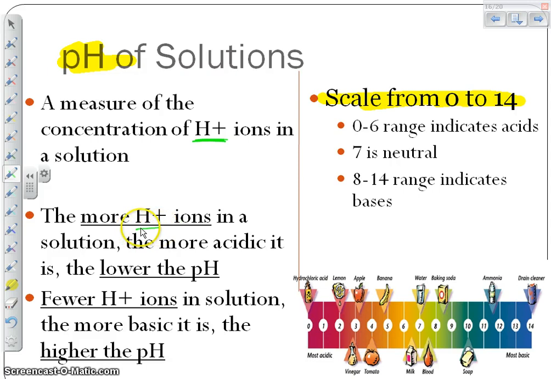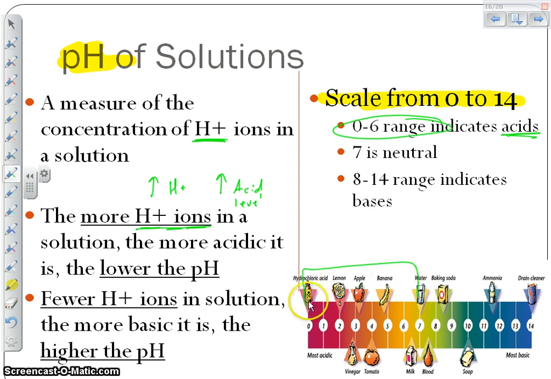The more H plus ions you have, the more acidic something is, because as we increase H plus, we are increasing the acid level. And as we do that, we are basically lowering the pH, because as you're going to notice over here, the 0 to 6 range happens to be acids. So this portion right here are the acids.